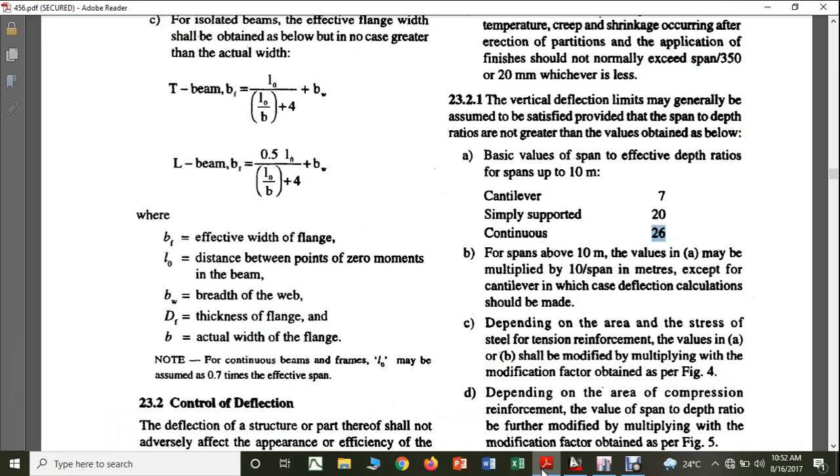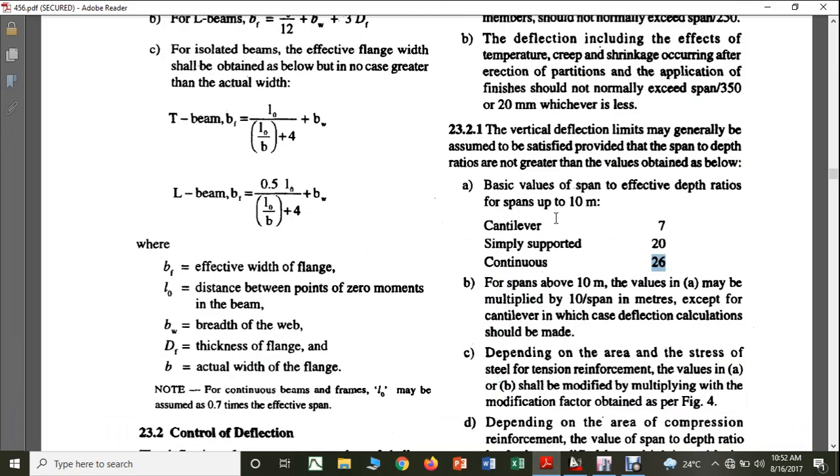So for example, if I open IS 456 2000 in clause 23.2.1, based on the deflection criteria of the beam, you can see that the vertical deflection limits may generally be assumed to be satisfied provided that the span to depth ratios are not greater than the values obtained as below.